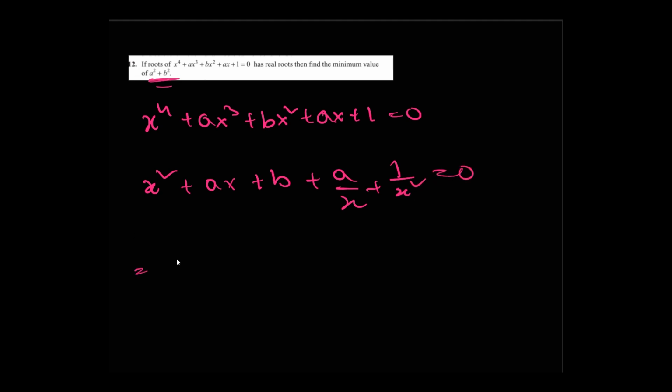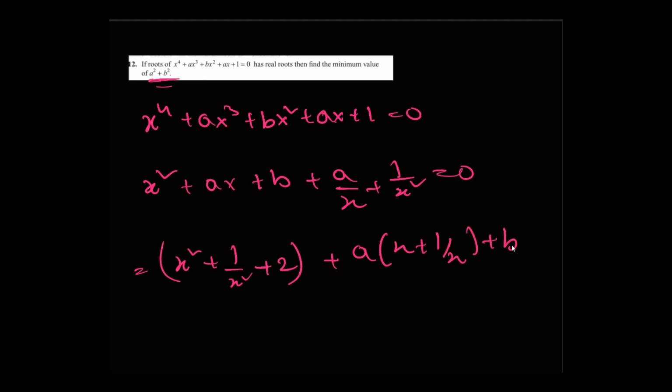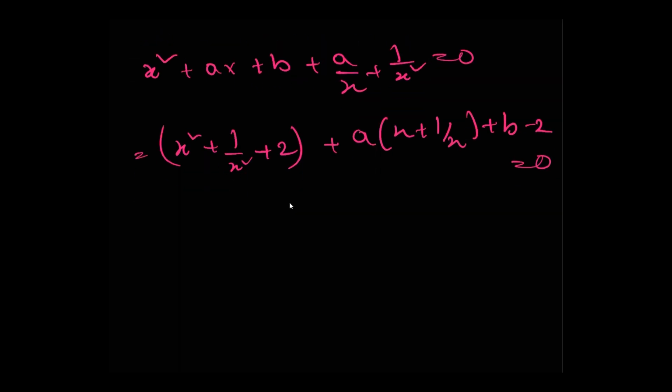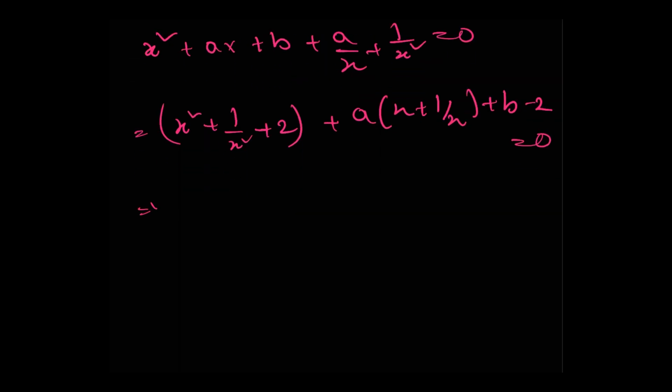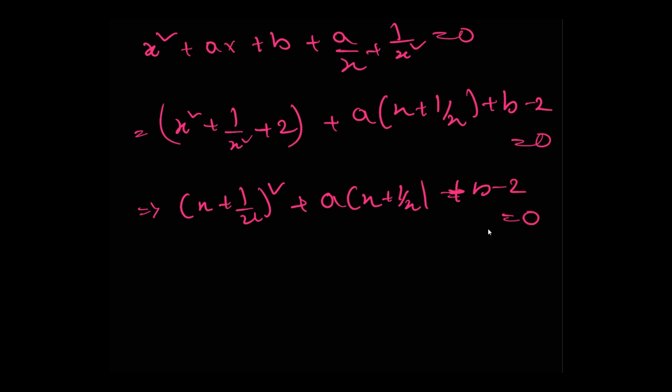Now, this can be written as x square plus 1 by x square plus 2, plus a times x plus 1 by x, plus b minus 2 equals 0. Now, this can be written as x plus 1 by x whole square plus a times x plus 1 by x plus b minus 2 equals 0.